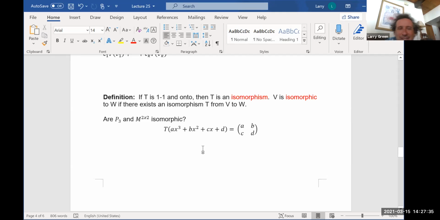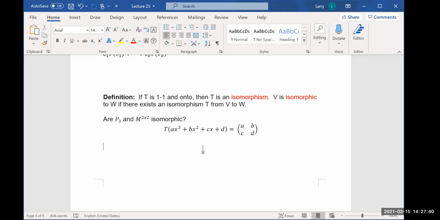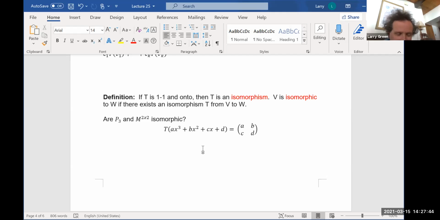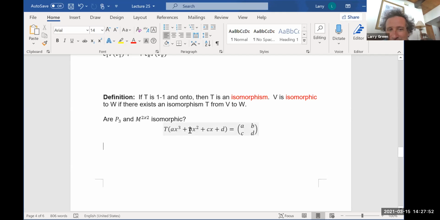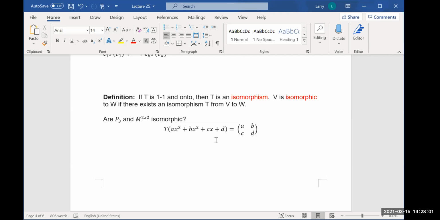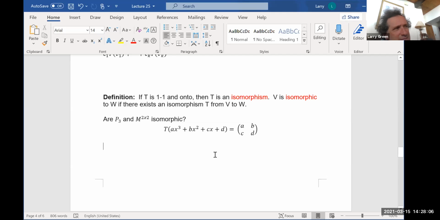All right, take a look. Why is this 1-to-1? Because if we let A, B, C, and D be 0, we'll get the zero matrix, so if we have the zero matrix, it must have come from the zero polynomial because A, B, C, and D are 0. Do you see that? So 1-to-1 is immediate. Why is it onto? You're getting a little abstract.